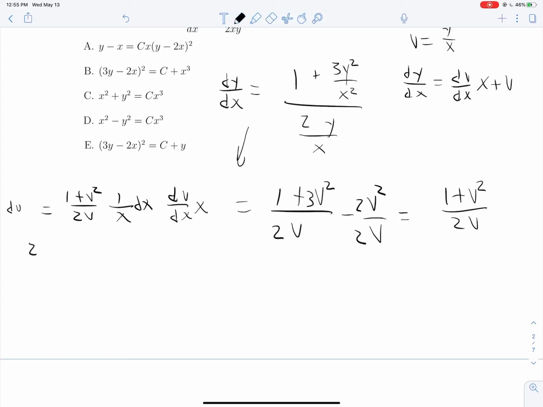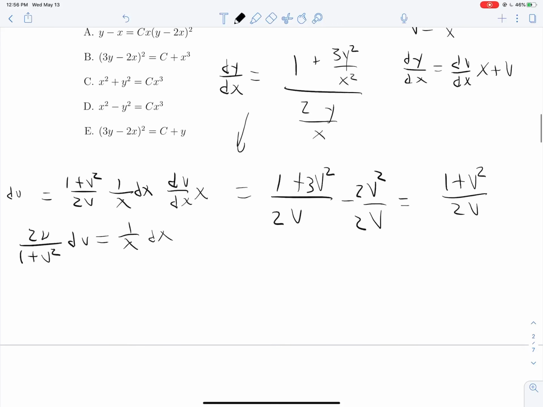That will give us 2v over 1 plus v squared dv is equal to 1 over x dx. Integrating both sides, we get ln (1 plus v squared) is equal to ln |x| plus c.